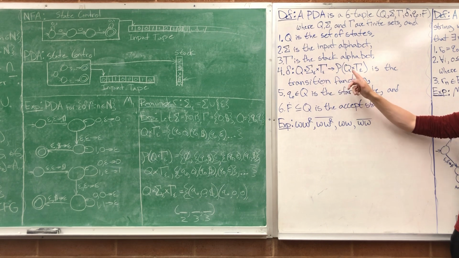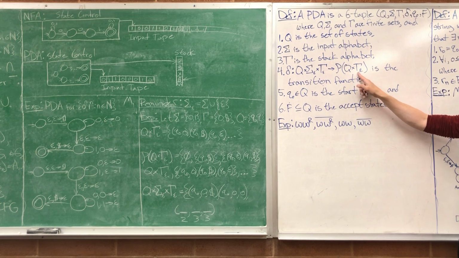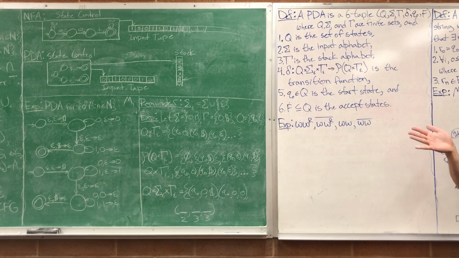And it spits out a state along with a symbol to push onto the stack, possibly nothing. Right? Now, since it's non-deterministic, for one input, there's potentially a bunch of places you could go. So that's why we had the power set here.